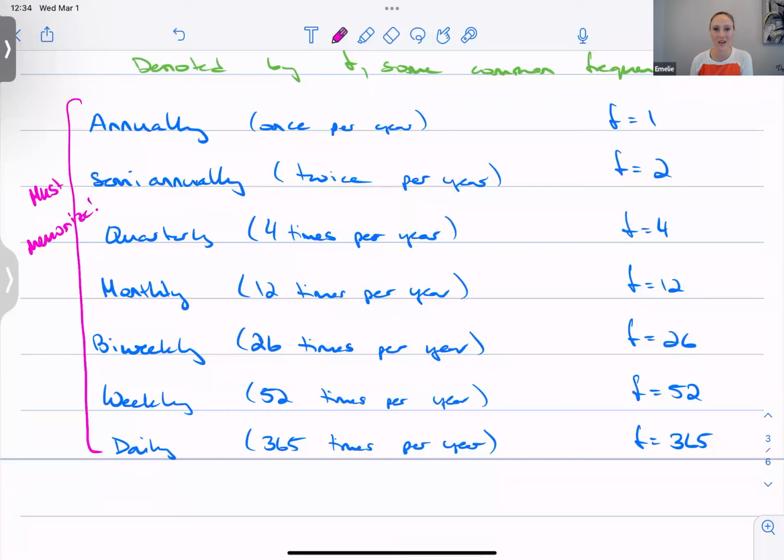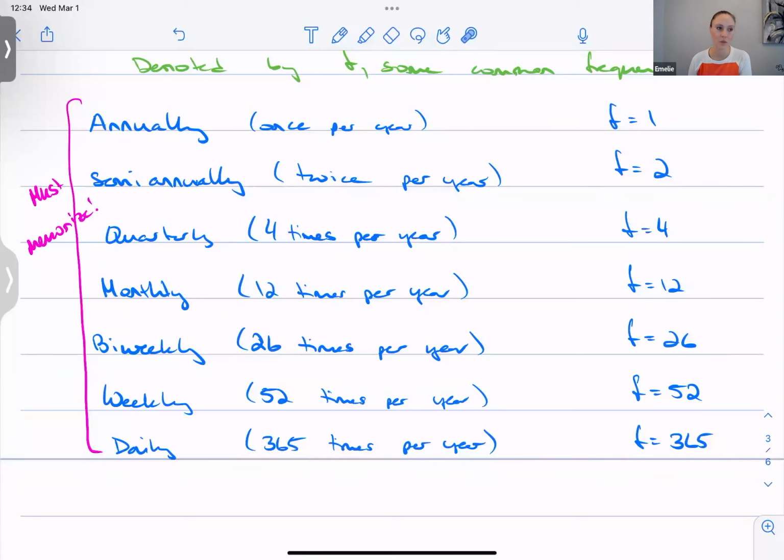Right, or write them down in your case, right? But just in general, you should have these memorized. The ones that give people grief, or the only one really, is maybe the quarterly and the bi-weekly. Four times per year is confusing because that's actually every 3 months, right? And so that's the only confusing part about quarterly, and then bi-weekly is 26 times per year.